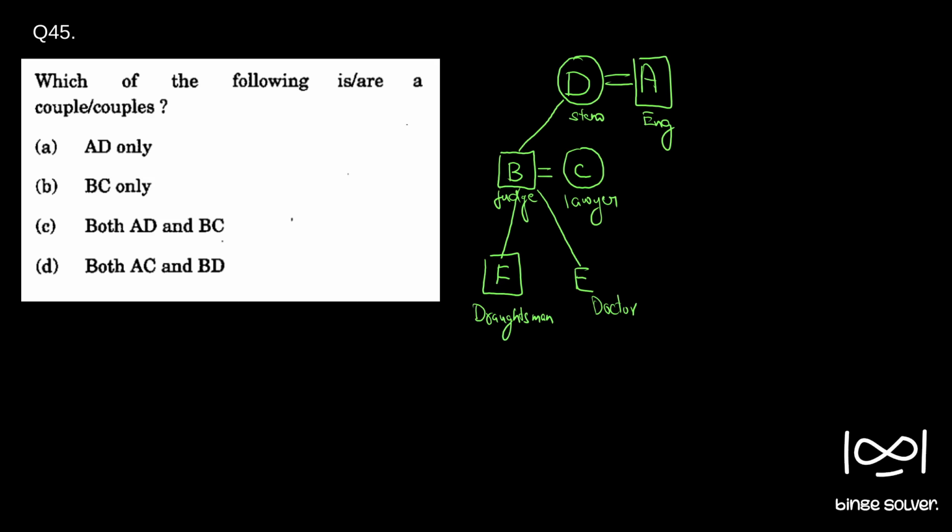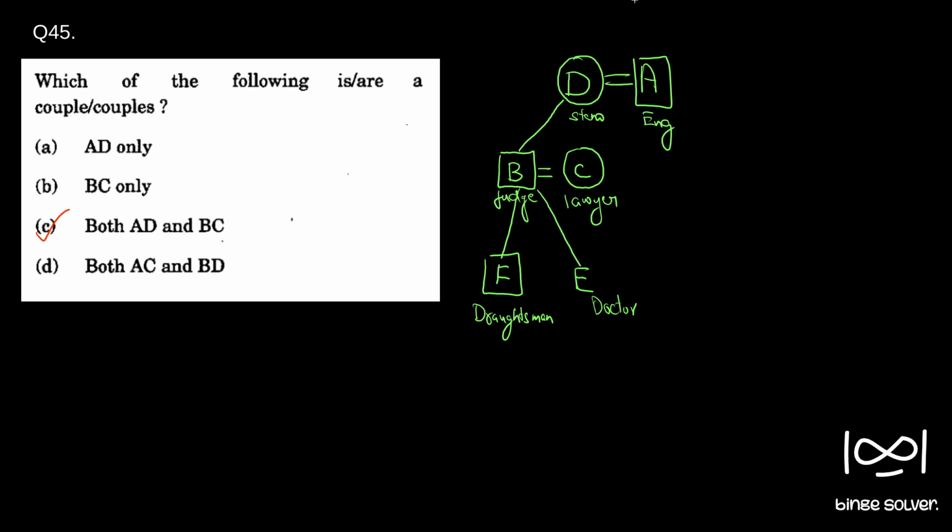Which of the following is or are a couple or couples? So from the figure we know that the couples are D and A, and B and C. So both AD and BC are couples. So C is the correct answer, AD and BC.